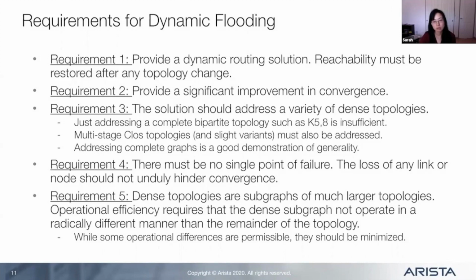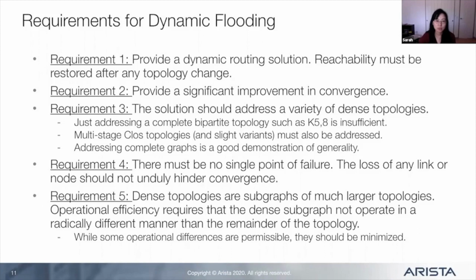So we have to deal with different kinds of dense topologies. The multi-stage Clos topologies and their variants should also be addressed. A complete graph might not be a practical one, but addressing that is a good demonstration of the generality.